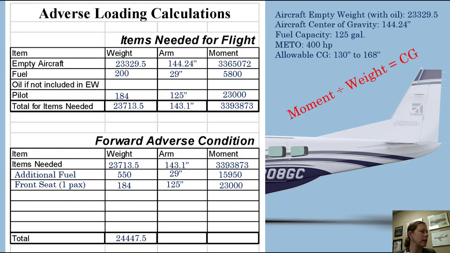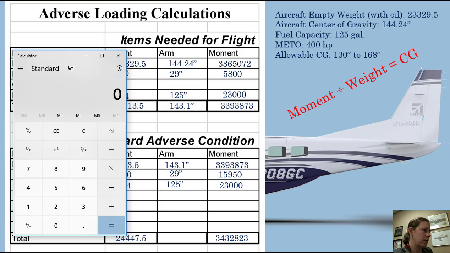I get my total weight, 2,447.5 pounds. Add up my total moments, and there's our number. And then we just divide that out again. So we'll pull up our calculator. 343,823 divided by 2447. Lost a 4 in there.